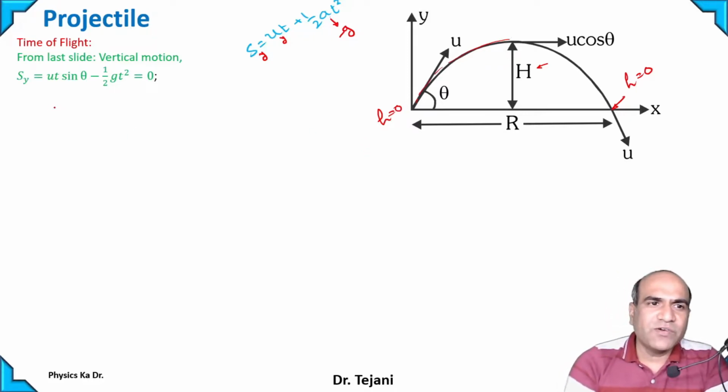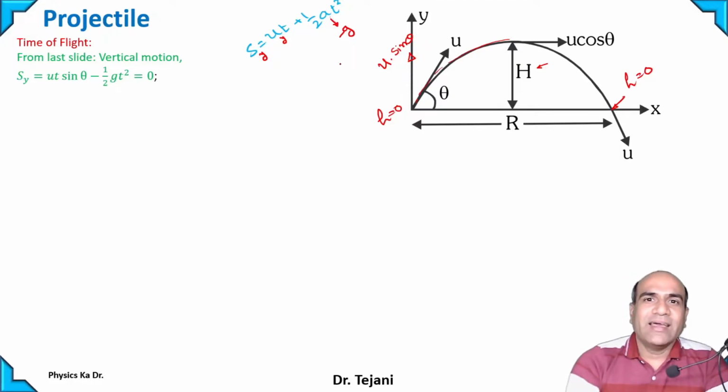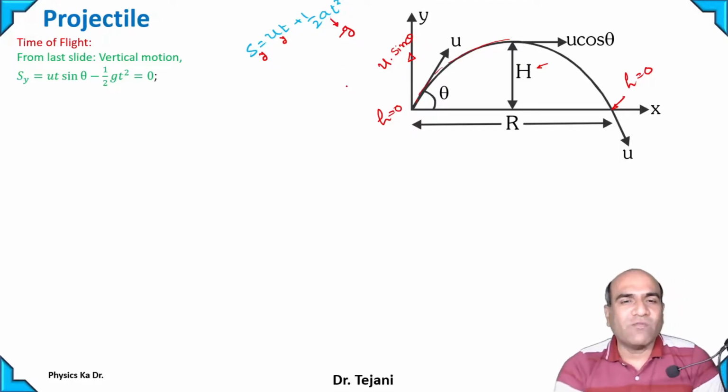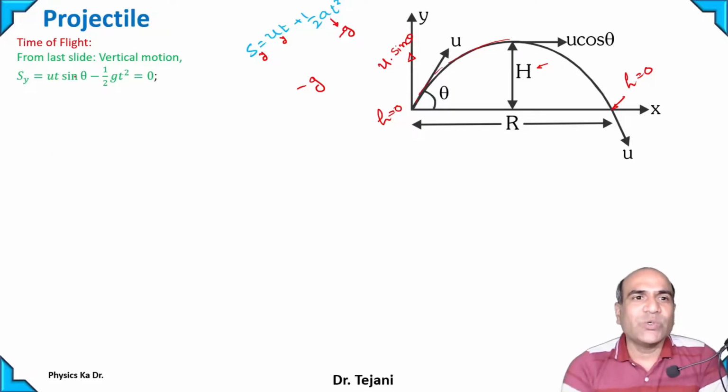So we can use this equation sy, which shows height. We know that uy, when we take the vertical component, gives u sine theta, and an object with vertical movement is subjected to minus g. So we can write sy is equal to ut sine theta minus 1 half gt square. We have already seen this previously.